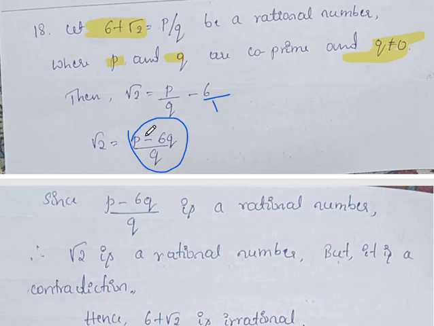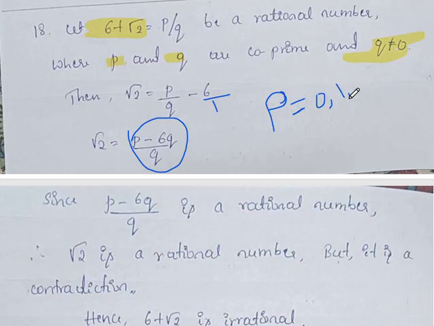You can give any values for P and Q, but Q should not be equal to 0. The denominator should always be more than 0, that is 1, 2, 3 like that. Don't give any negative integer for this. P can be 0, 1, 2, 3, and it can be negative also; the numerator may be negative or positive.